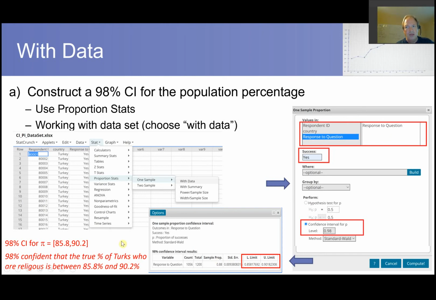And if we translate that into the context of this problem, we would say that we are 98% confident that the true percentage of Turks who are religious is between 85.8% and 90.2%.